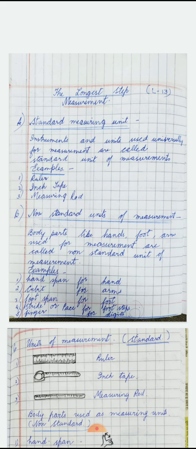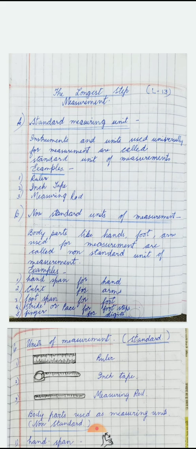Standard units are the units which are common universally all over the world, and non-standard units are the units which are not common universally and may vary from person to person. Standard is fixed. Hand span means measuring with the hand, but the shape and size of the hand of different people may be different.